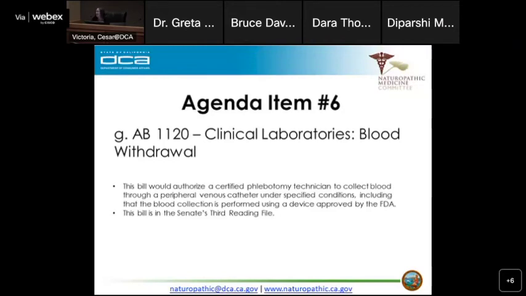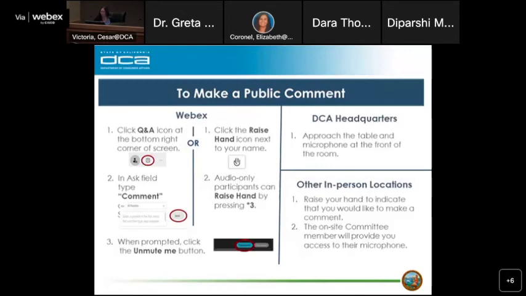All right, and I think we need to go out for comment. Public comment, please. As the moderator, I've opened up the Q&A. The instructions are on the screen for your reference. If you would like to participate, click on the question mark inside of a square, type comment in the text field, and send it to all panelists.